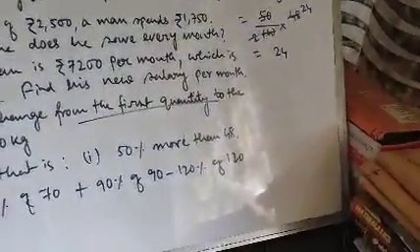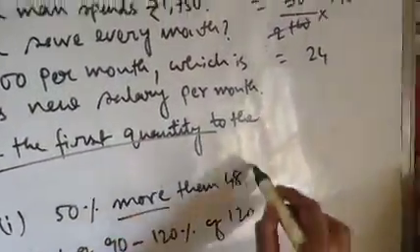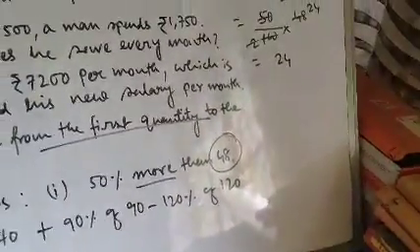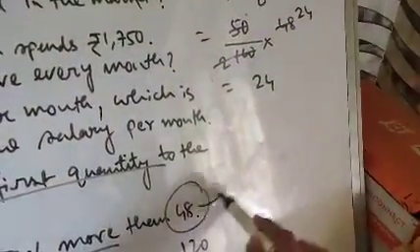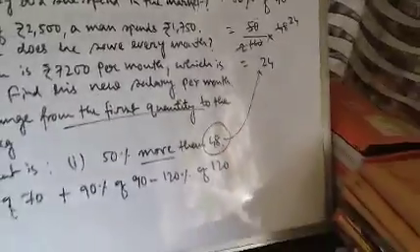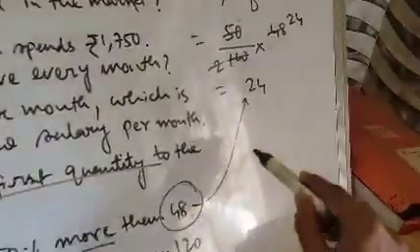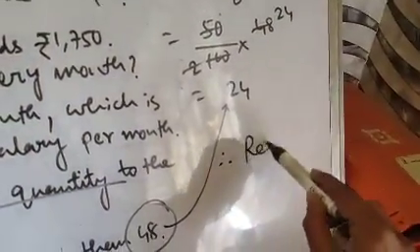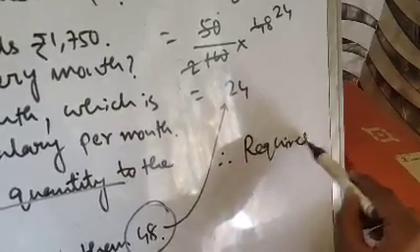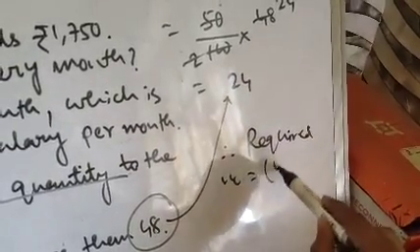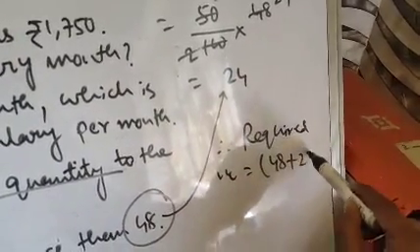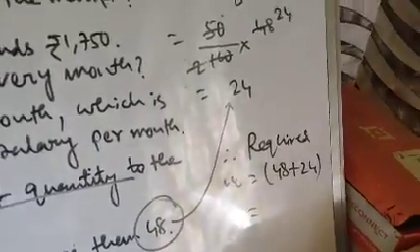Now we have to find the number that is 50% more than 48. 50% more means we have to add 48 with 24. That will be the required number. Therefore the required number will be 48, the initial number, increased by 24, which is 50% of 48.